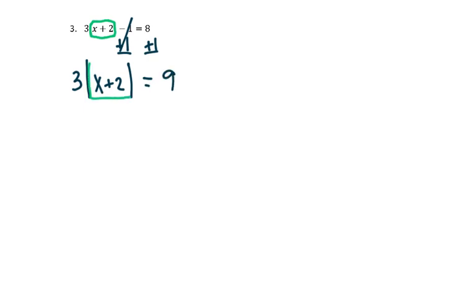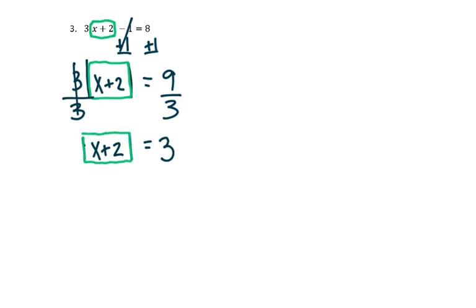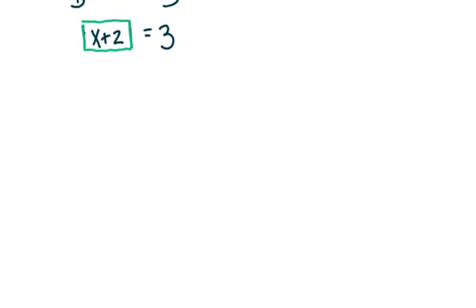I'm going to box again and say, is the box the only thing on the left-hand side? My answer is no. So I need to divide by 3. Cancels out. I have absolute value x plus 2 equals 3. I'm going to box again and ask, is the box the only thing on the left-hand side? Finally, I say yes, which means I've completed step 1.